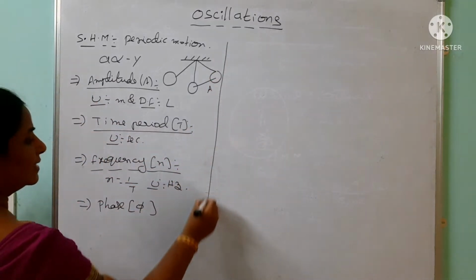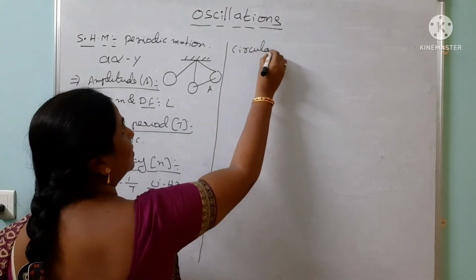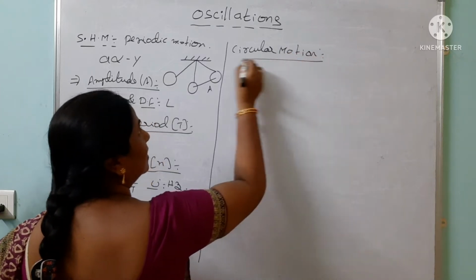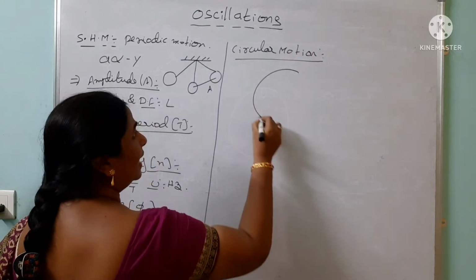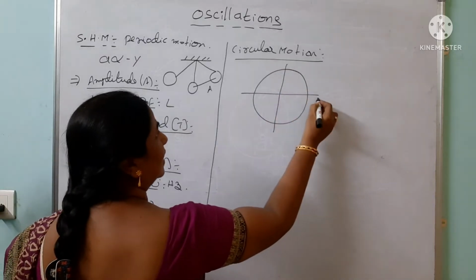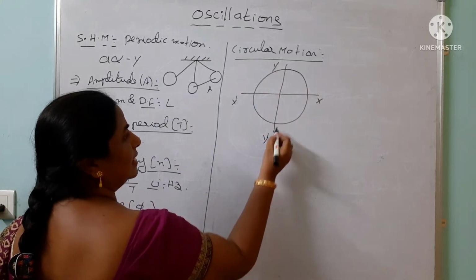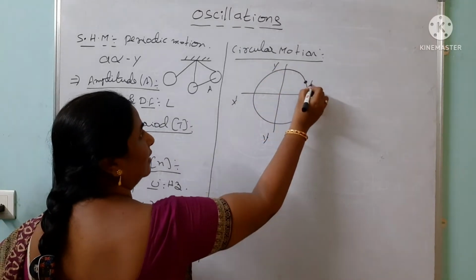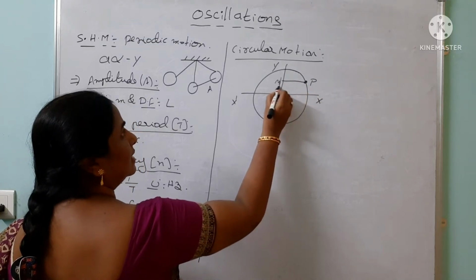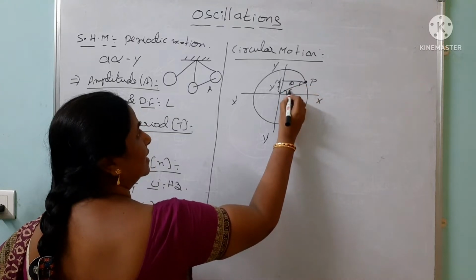Now we are going to discuss whether circular motion is simple harmonic or not. Already you have one long answer for this. One particle is having circular motion. Two reference axes are there, x dash and y dash. Here is one particle; draw the normal to this. This distance is y and it makes an angle theta, the angular displacement.